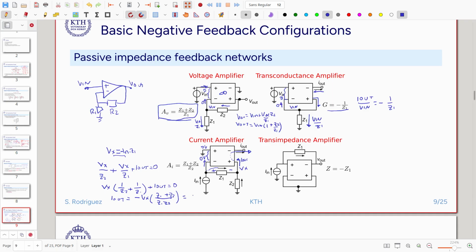That will be equal to minus E in theta 1 times theta 1 plus theta 2 divided by theta 1 times theta 2.